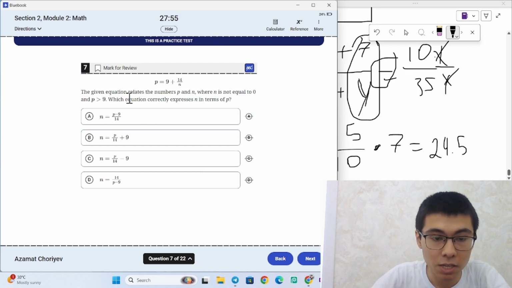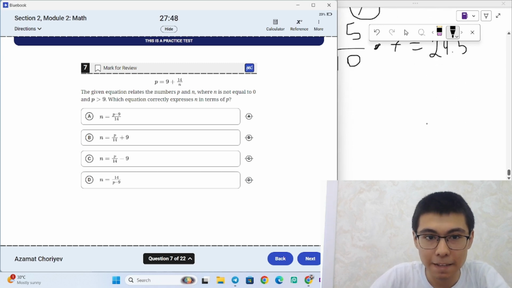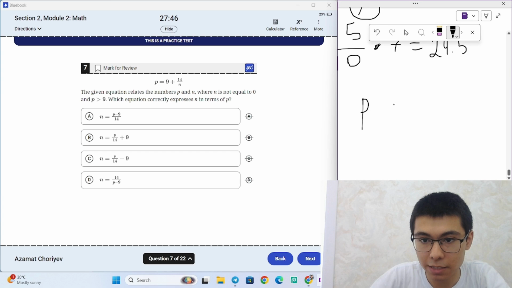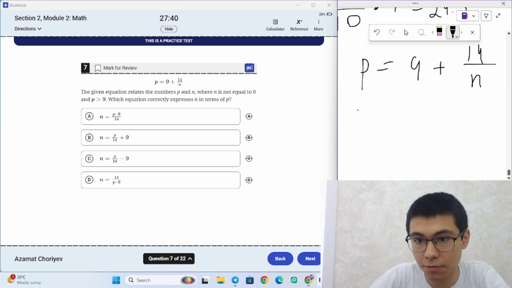So next one, the given equation, we've got to find n in terms of p. Let me rewrite it. P equals 9 plus 14 divided by n, then 14 divided by n equals p minus 9.